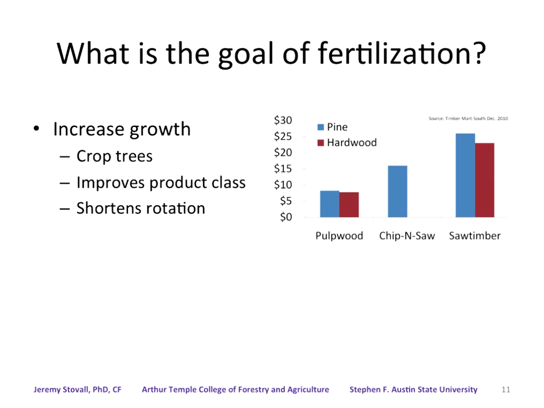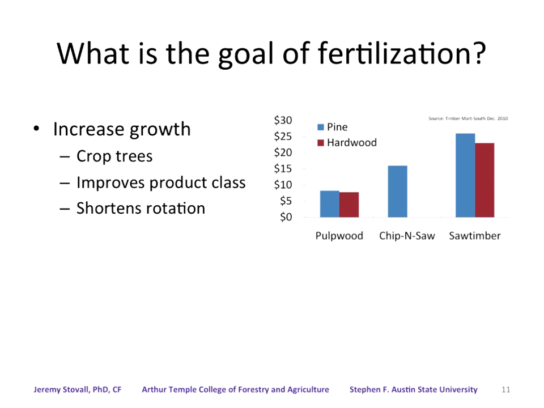So what I have here is average Southwide stumpage prices. This is 2010 data. It hasn't changed too much since then, unfortunately. But what you see is pulpwoods at $8, $10 per ton for pine, chip and saw close to 15, and sawtimber at about 25 here.